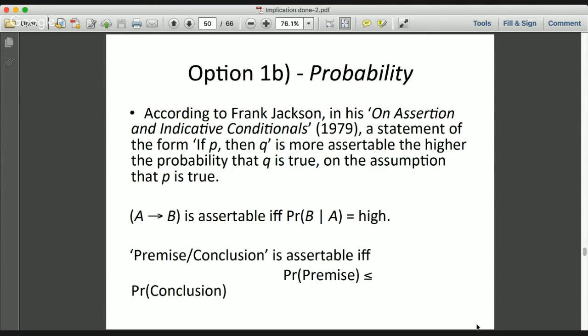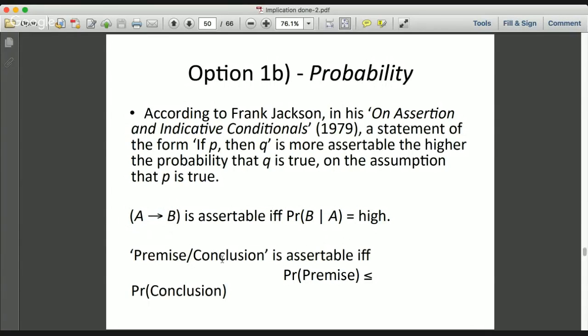Okay, so here's the probability explanation, onto the second one. Frank Jackson is this Australian philosopher, in this book called On Assertion and Indicative Conditionals. He says a statement of the form if P then Q is more assertable the higher the probability that Q is true on the assumption that P is true. So this, if A then B, is assertable if and only if the probability of B given A is high.